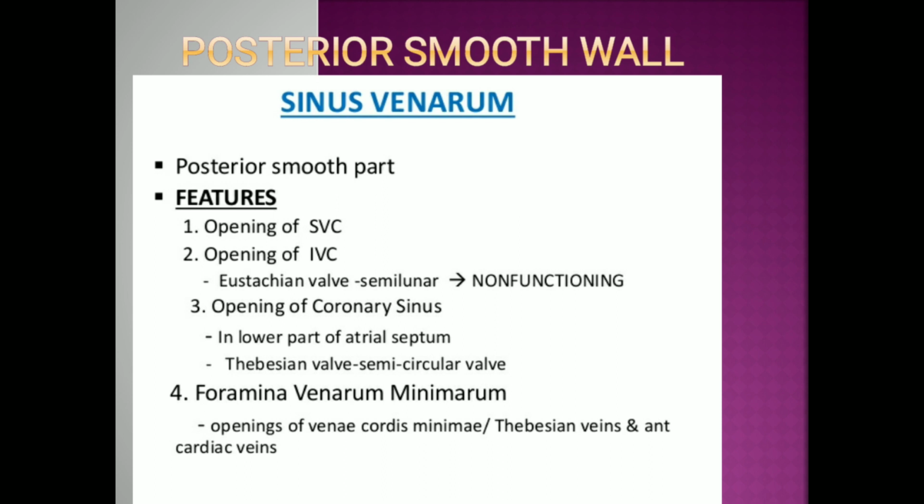The major veins which drain into the right atrium are the superior vena cava, the inferior vena cava, and the coronary sinus, which is a part of the heart, and the small openings you see are called foramina venarum minimarum. So these are the features you see in the posterior smooth wall: opening of the superior vena cava, opening of the inferior vena cava, opening of the coronary sinus and foramina venarum minimarum.